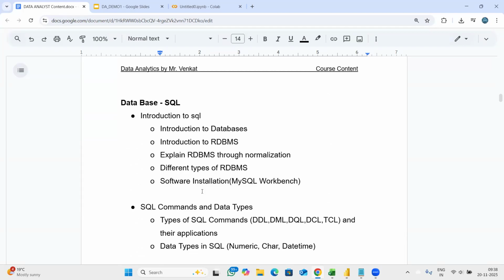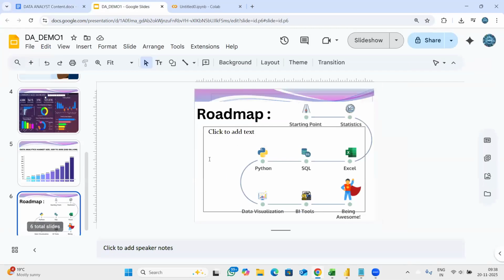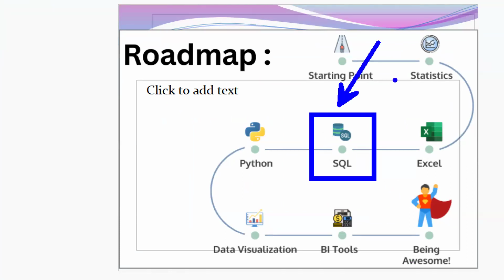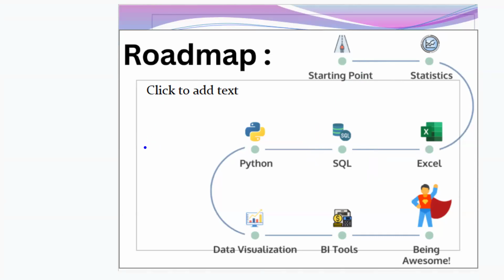Okay, next one, we can focus on SQL. If you remember, we discussed this point. We need Python for programming, and how about SQL? Why do we need SQL? Last class students, please tell me. If you want to manage our own database, we can use a tool called SQL.